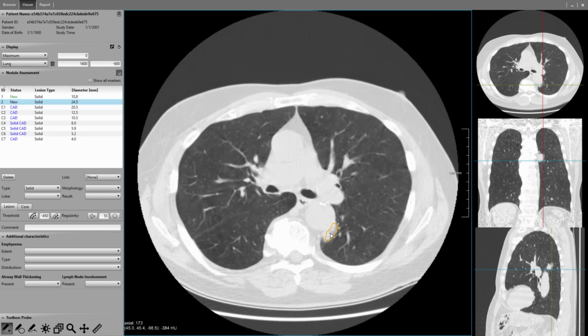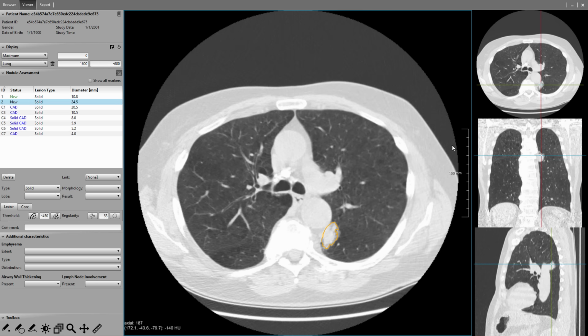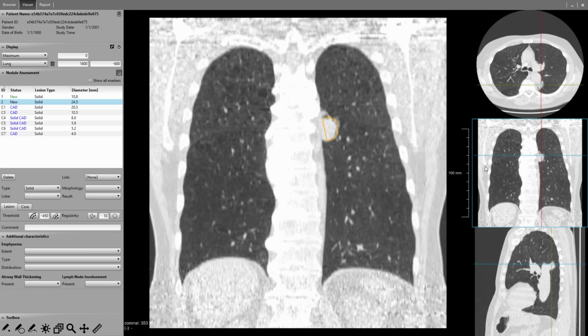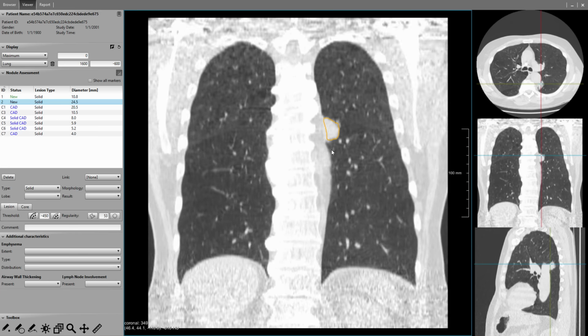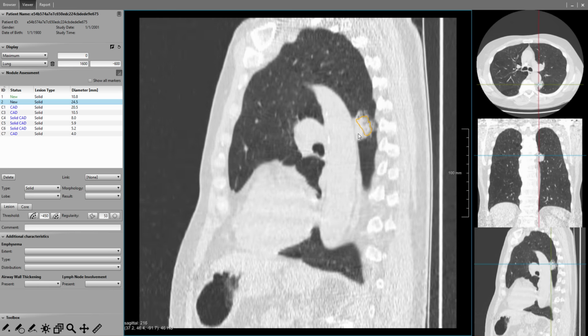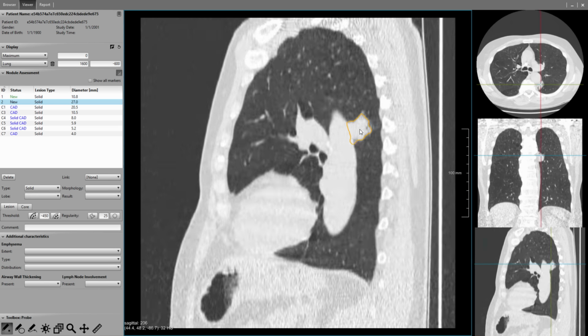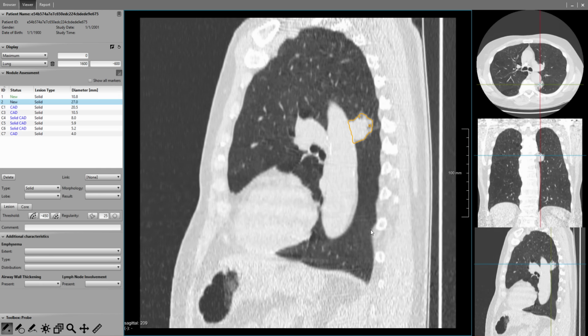Behind the aorta you have this very suspicious nodule. You can also see it very well in the coronal view or in the sagittal view, where you can also see that the segmentation like this is not perfect. This is a better segmentation.